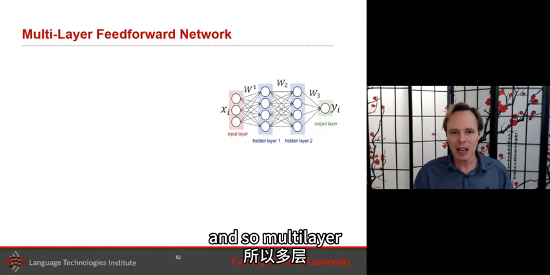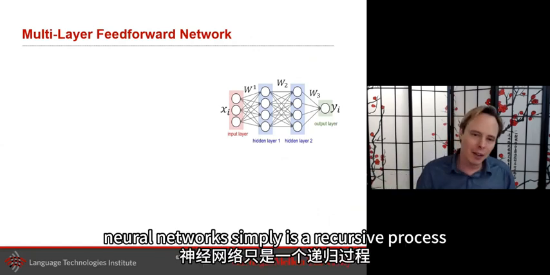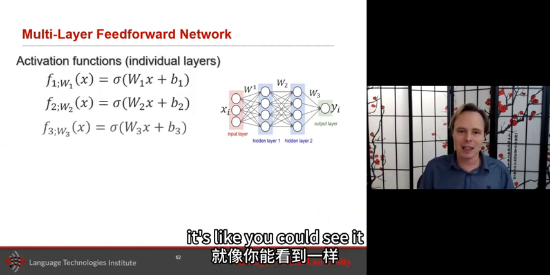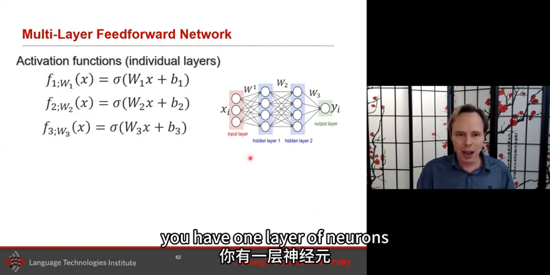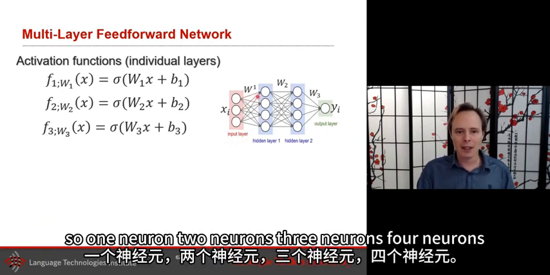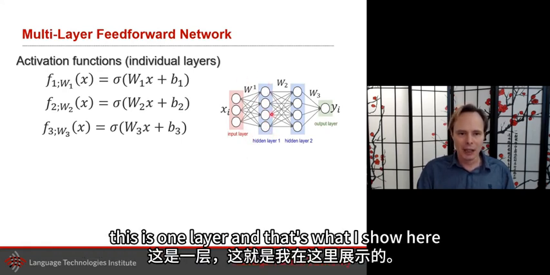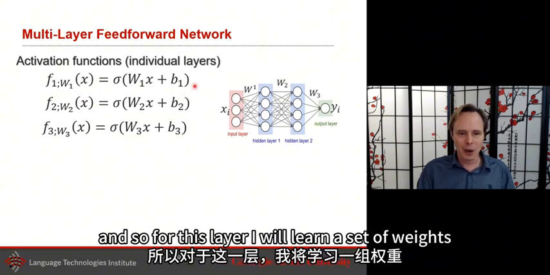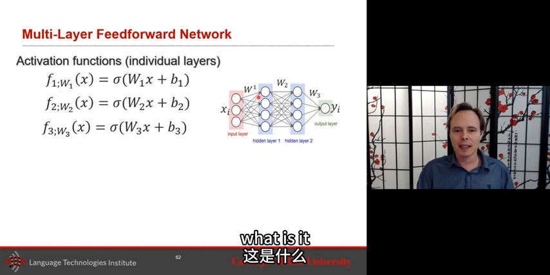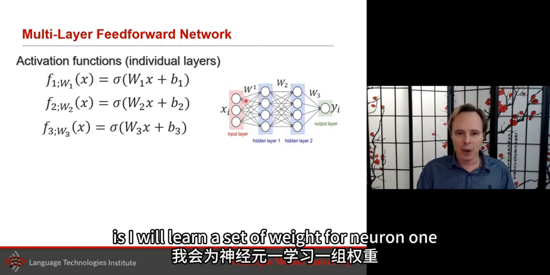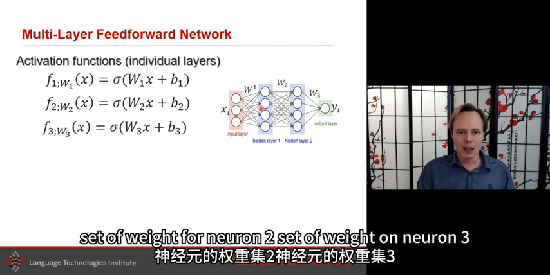So a multi-layer neural network is simply a recursive process. You have one layer of neurons: 1 neuron, 2 neurons, 3 neurons, 4 neurons. This is one layer, and that's what I show here. For this layer, I will learn a set of weights: a set of weights for neuron 1, a set of weights for neuron 2, a set of weights for neuron 3.